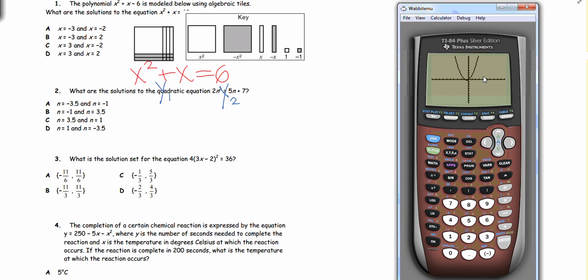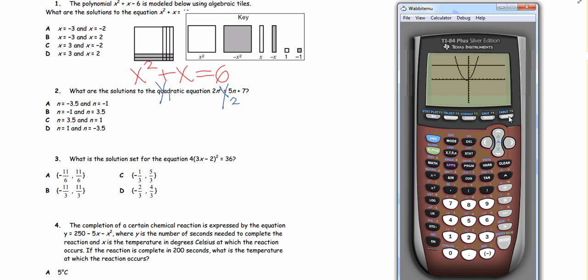It's 10 high, 10 wide, 10 to the left, and 10 low. For the second equation, we hit y equals again and just put 6. Then we graph and see where those two lines cross.